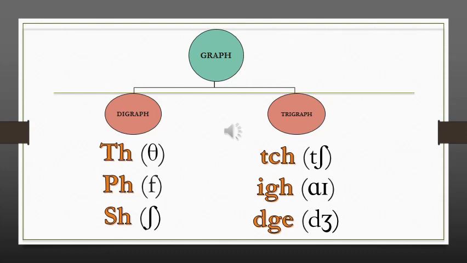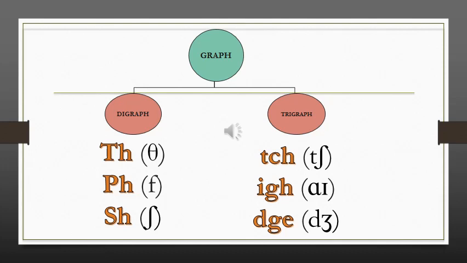It's not t or h, but th. So these two letters combine to produce a new single sound, and it's called the digraph.